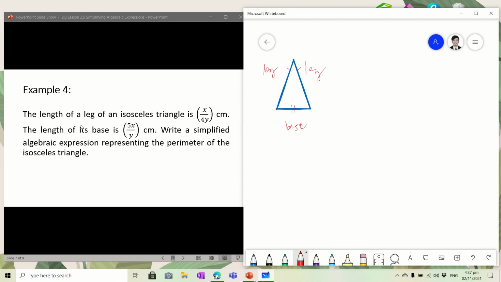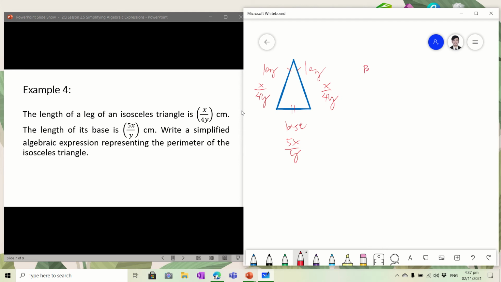So it says that the leg is x over 4y cm. So if this is x over 4y, the other leg must be x over 4y as well. So that's a property of an isosceles triangle. And the base now is 5x over y.